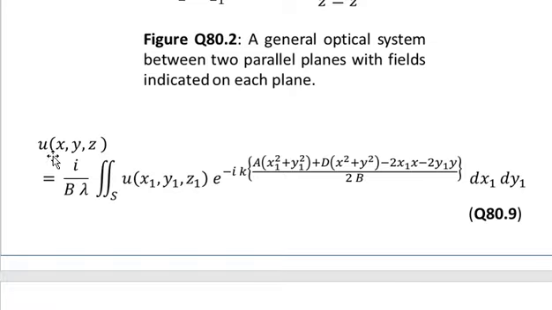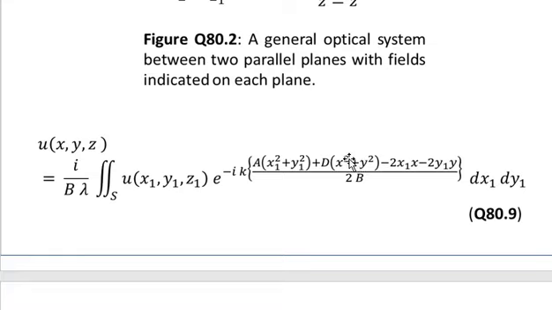You see that this equation gives you the field at the output plane, that is the field u as a function of x, y, z, that is equal to iota over b times lambda, the double integral over the surface area of u of x1 y1 z1, which is the input field, which is the field at the input plane, and then multiplied by this whole exponential factor e to the power minus iota k, and then we have the curly brackets containing a of x1 square plus y1 square, and then plus d multiplied by x square plus y square minus 2x1 x minus 2 y1 y over 2b.